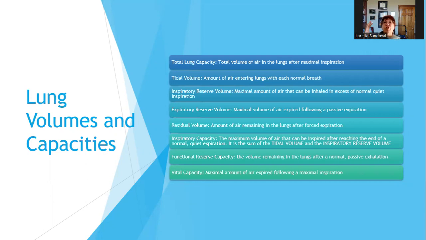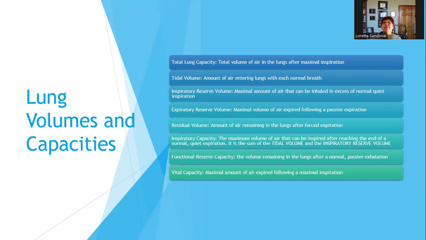Total lung capacity is the total volume of air in the lungs after maximal inspiration, and that includes all the volumes. Tidal volume is the amount going in and out with each normal non-forced breath. The inspiratory reserve volume is the maximum amount of air that can be inhaled in excess of normal quiet inspiration. So your normal tidal volume, and then you inhale more.